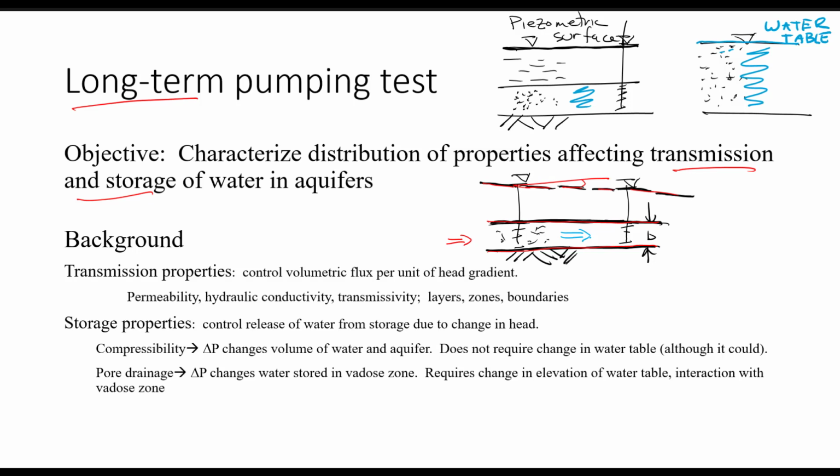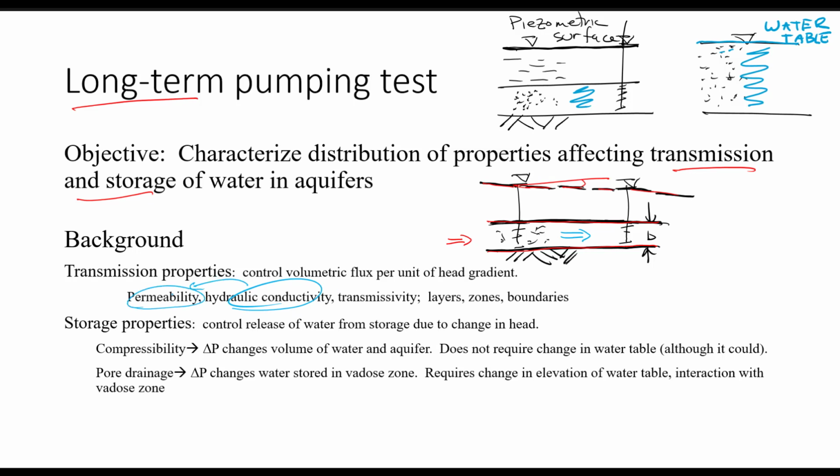So we have a head gradient, and that is inducing a flow that would go in this direction. And the flux that we get per unit of head gradient is going to be related to the hydraulic conductivity of the aquifer. That's really the definition of hydraulic conductivity, the flux per unit head gradient. The hydraulic conductivity can also be related to the permeability.